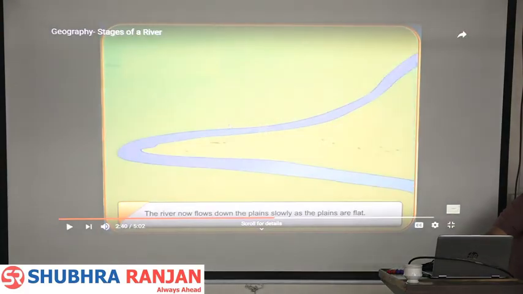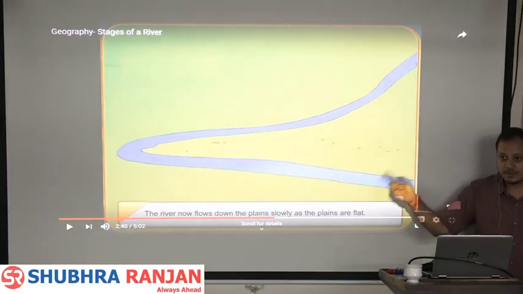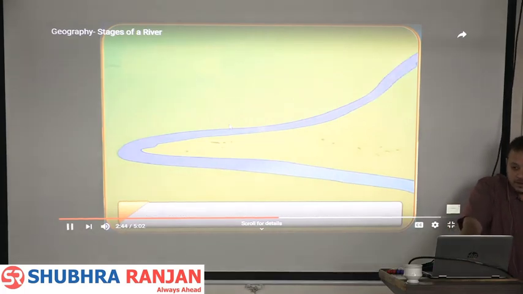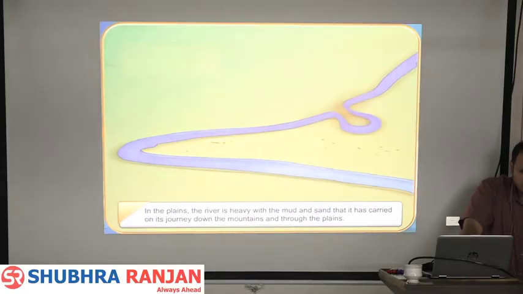Because the speed of a river has decreased, it will start moving, and we will call such moves as meanders. The meandering of a river will occur. Speed has decreased, meandering has increased.